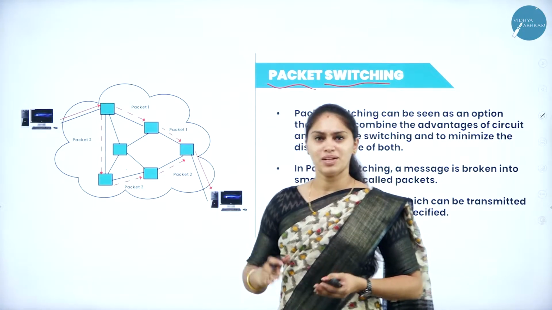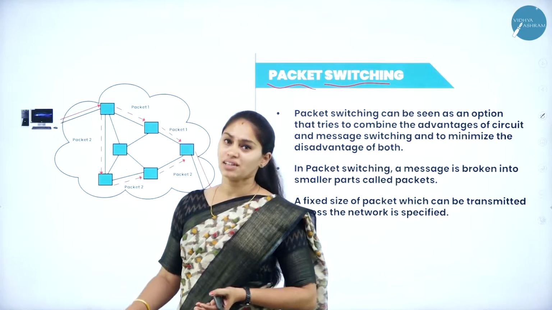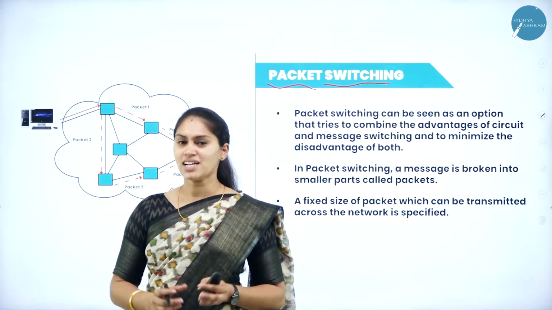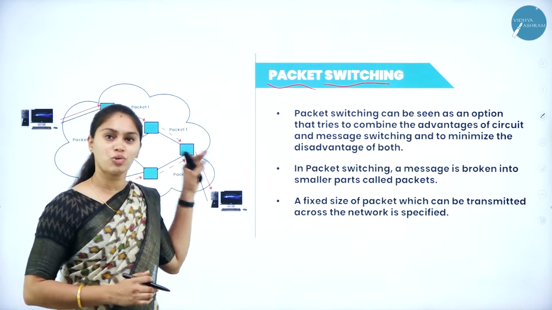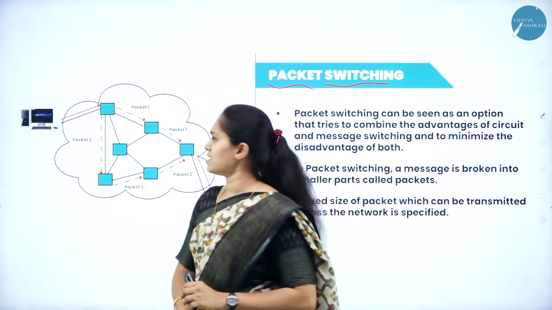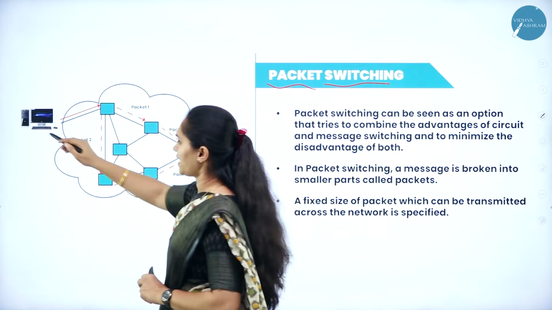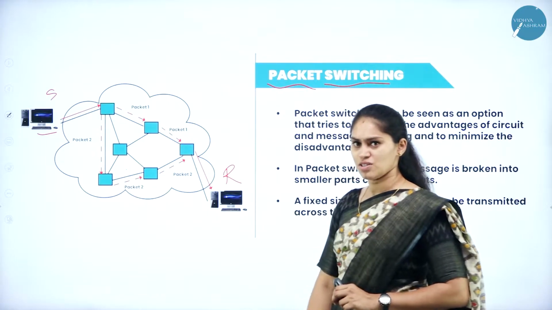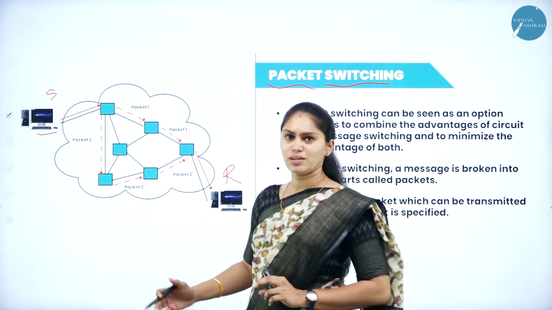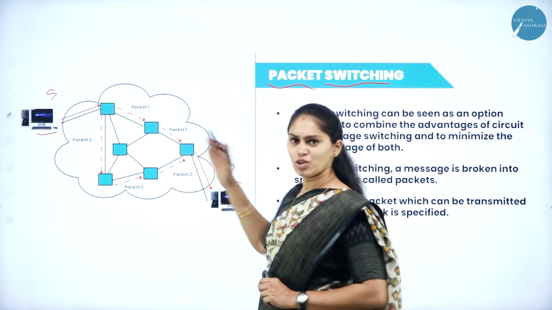All the data, information and messages will be divided into a number of packets, and those packets will take different routes in order to reach the receiver from the sender. You can see here, for example, consider this as a sender and this as a receiver. I just want to send some message or information from sender to receiver.